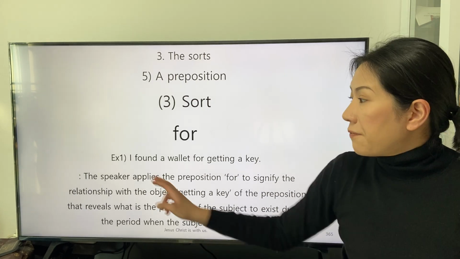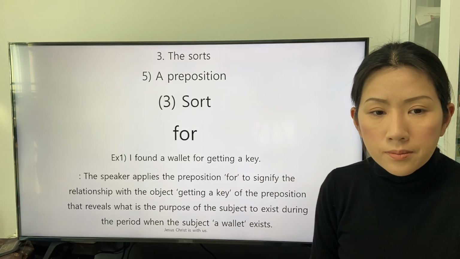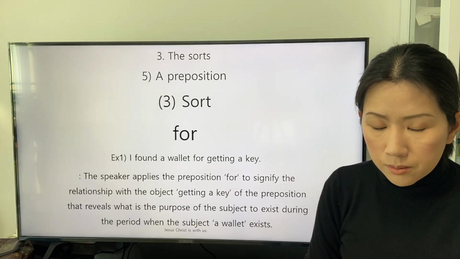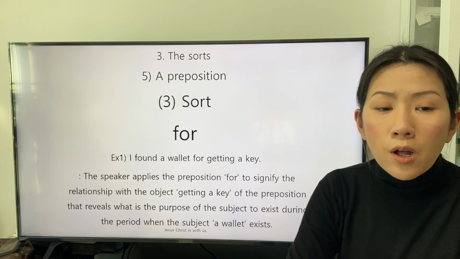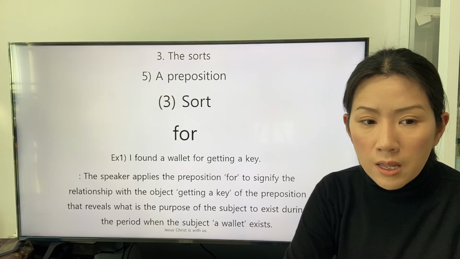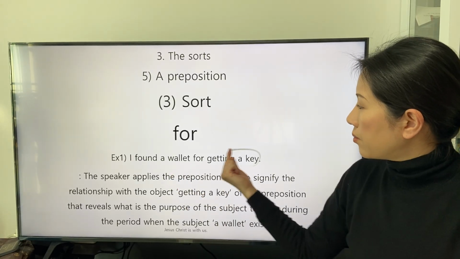There is a clause, I found a wallet for getting a key. The speaker applies the preposition for to signify the relationship with the object getting a key.